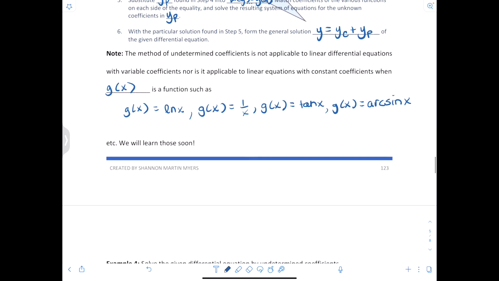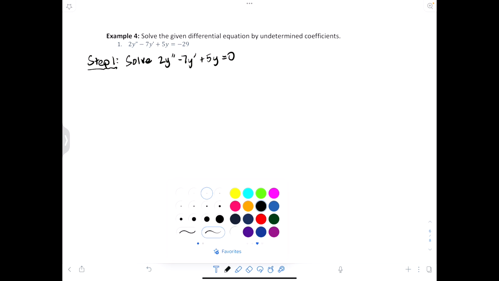All right, so here's our next example. Solve the given differential equation by undetermined coefficients. So going step by step, all right, step 1. We want to solve 2y double prime minus 7y prime plus 5y equals 0, the homogeneous equation.